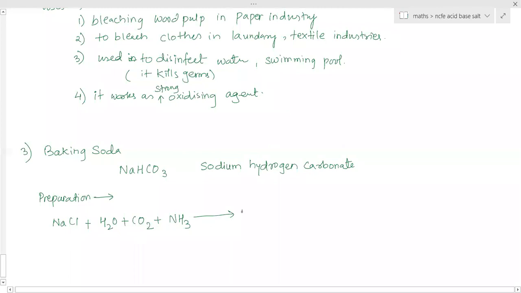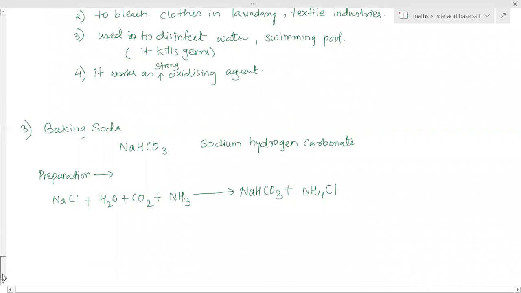The compounds obtained are NaHCO3, sodium hydrogen carbonate, which is baking soda, plus NH4Cl, ammonium chloride. Aqueous sodium chloride combines with carbon dioxide and ammonia, and it produces sodium hydrogen carbonate and ammonium chloride. This way baking soda is prepared.